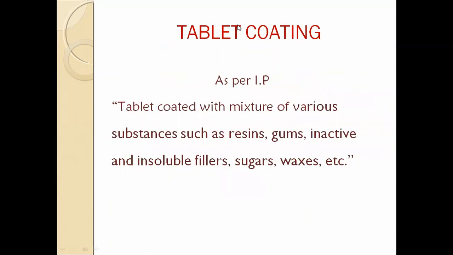Now the definition which is given in the Indian Pharmacopoeia for tablet coating, let's have a look at this definition.